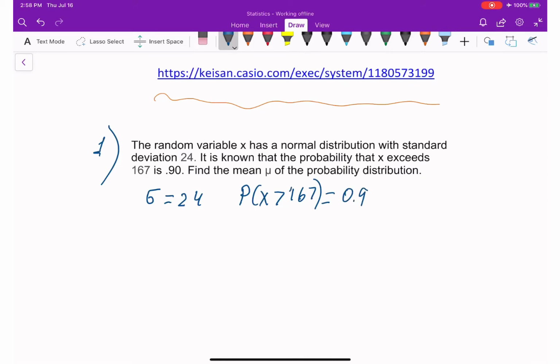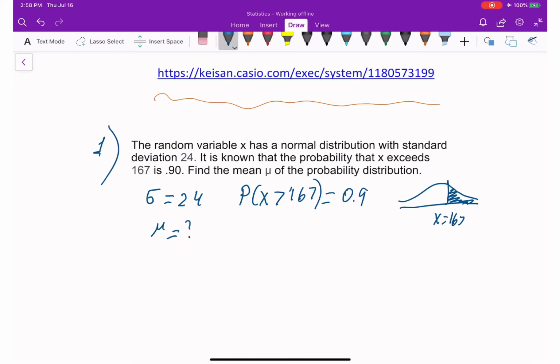So on the graph, it's going to look like this. More than 167 is the right tail. We need to find the average.